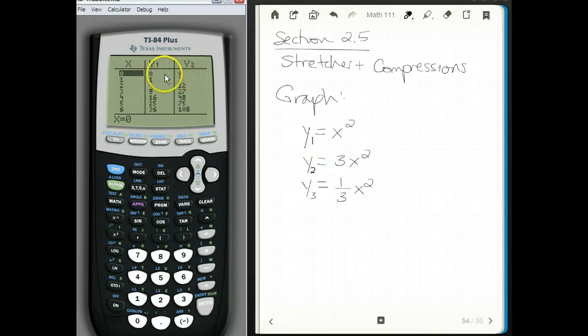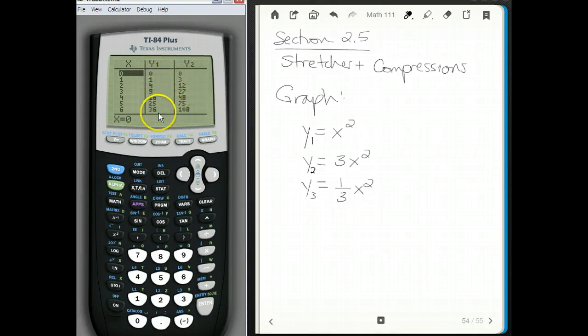That makes sense because they both pass through the origin. But what happens when x is 1? In the x squared function, y1 here, it's just 1, and in y2 it's 3. Let's keep going. When x is 2, y1 is 4, y2 is 12. And if we keep going, x is 3, then y1 is 9, and y2 is 27.